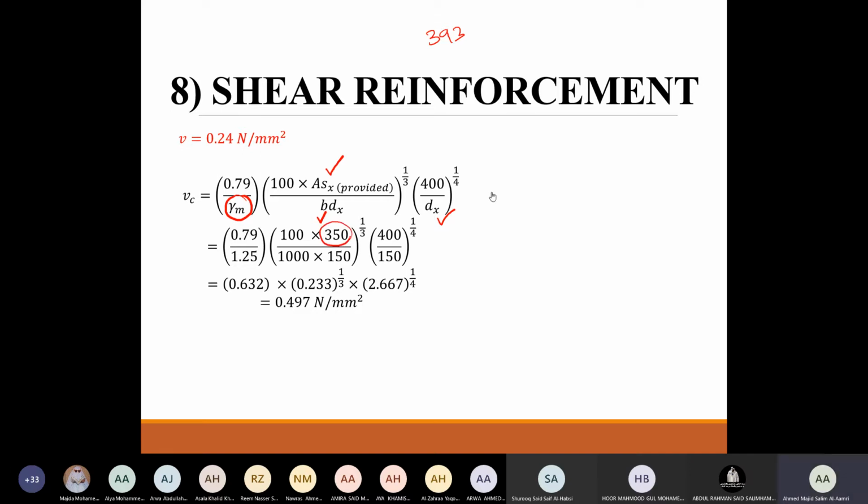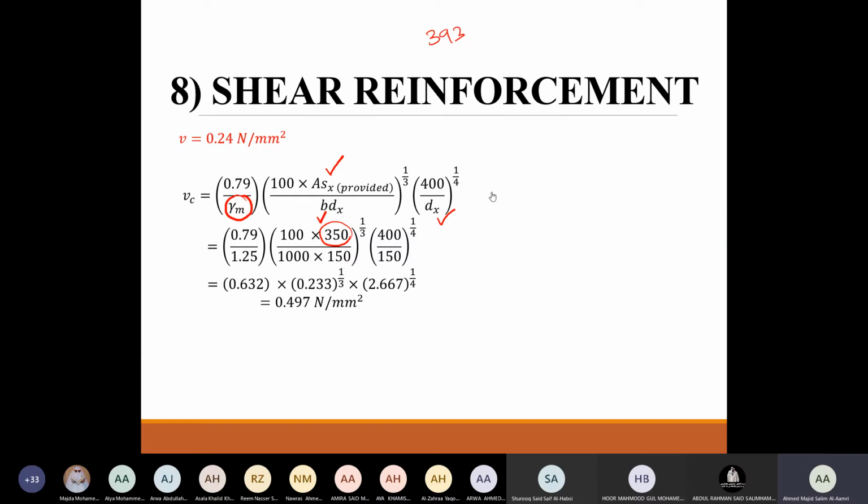Do you remember this one, 393 and 350? So it's up to you. Both answers are correct for your level of studying, whether it's 393 or 350, multiplied by 400 divided by 150.